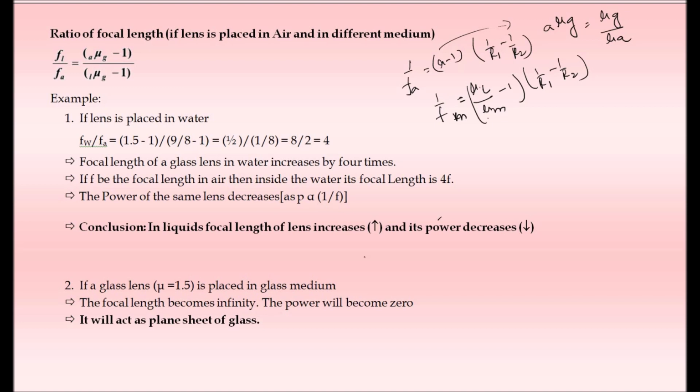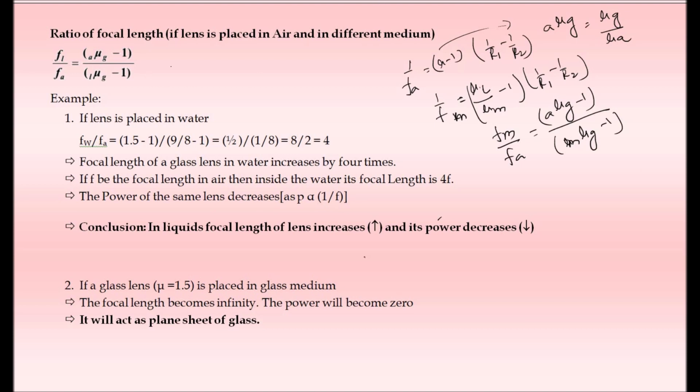Here mu is the refractive index of glass with respect to air, which we write as a mu g. If I divide these two terms, then fm divided by fa is equal to (a mu g minus 1) divided by (m mu g minus 1). The ratio of focal length of the lens in a medium having refractive index mu m and in air is equal to (a mu g minus 1) divided by (m mu g minus 1).